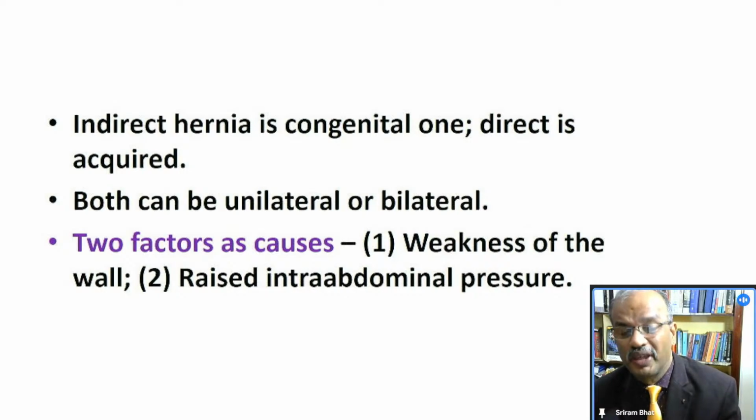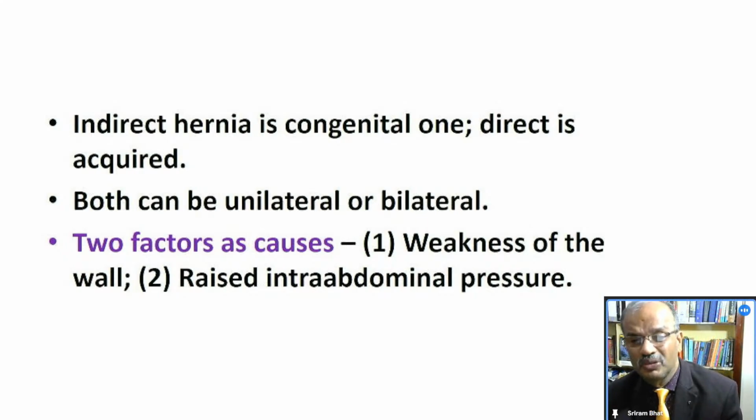Then smoking, obesity, straining, urinary problems, constipation, with so many causes of constipation. Everything comes under why these two things happen. So these etiologies cause these factors, and these allow the content to descend down and cause the hernia. So you can imagine exactly how and why it happens.